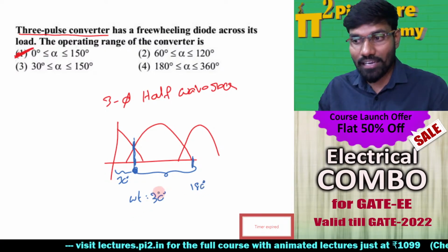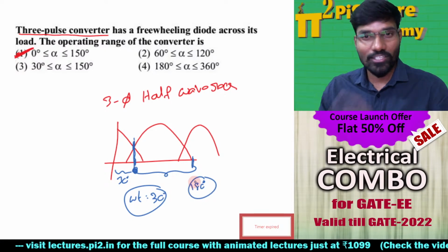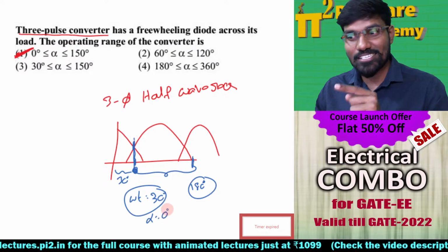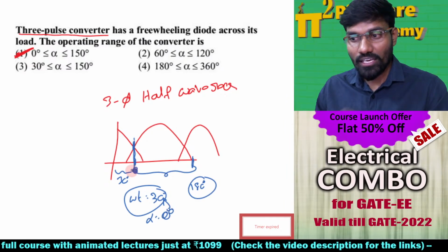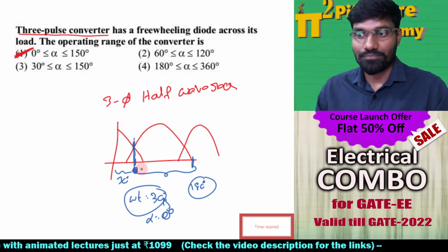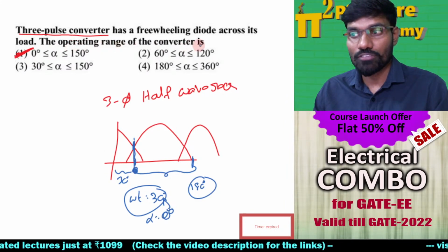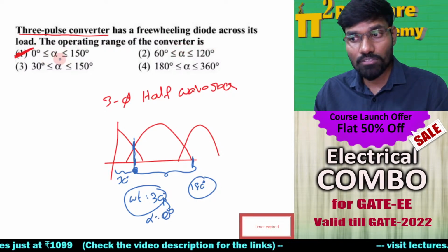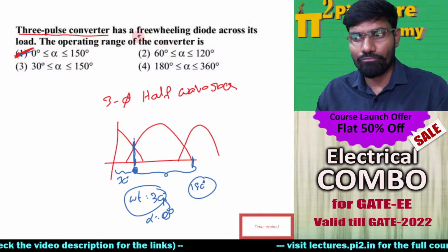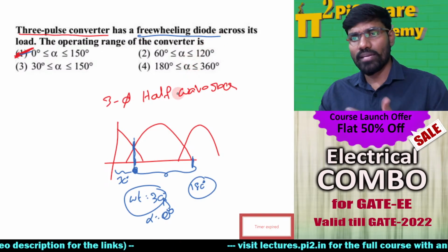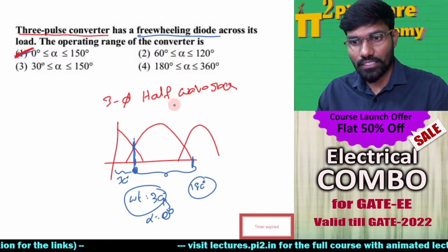It doesn't mean that alpha is equal to 30 and alpha is equal to 180. No, alpha is 0 only here. We will trigger alpha 0 at omega t equal to 30. So the operating range of the converter in terms of alpha is 0 to 150, and you have a freewheeling diode, so there won't be any conduction in the second quadrant.